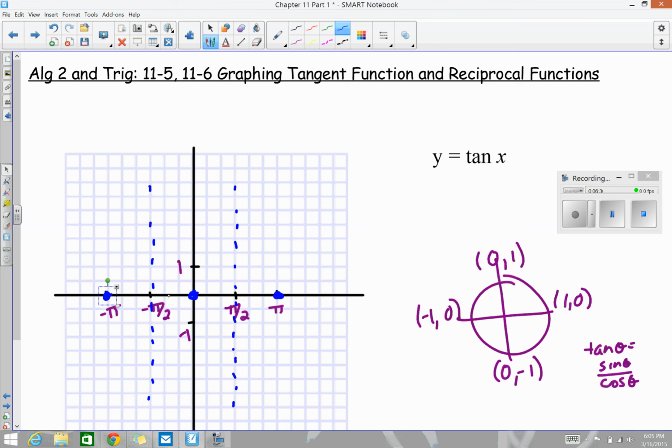Okay, so really we don't have any other values. We can look at 30 degrees, 45 degrees, 60 degrees. If you look at this in the calculator, what's going to happen is as we get really close to pi over 2, our function is going to get really close to the asymptote. So we can pick these numbers, right? Tangent of 30 is square root of 3 over 3. Tangent of 45 is 1.